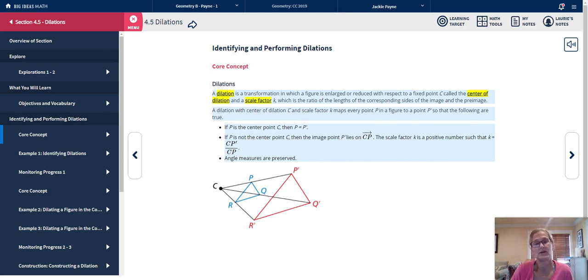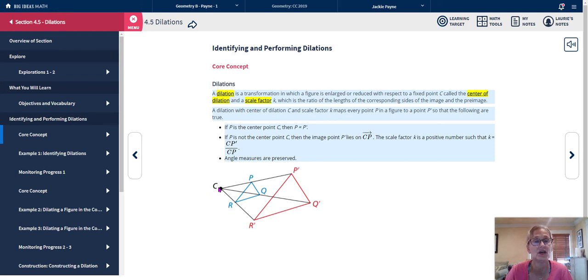So a dilation with center of dilation C and scale factor K maps every point P in a figure to a point P prime so that the following are true. If P is the center point C, then P equals P prime. That means there's no dilation if they're the same thing. If P is not the center point, then the image P prime lies on ray CP.